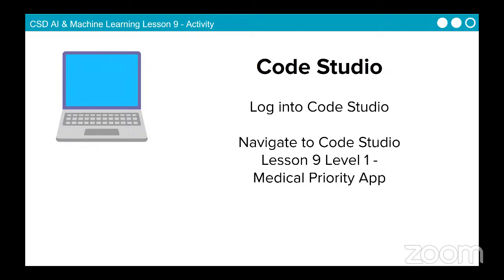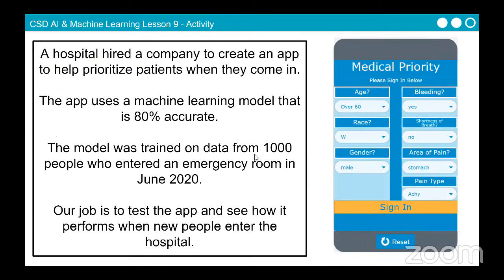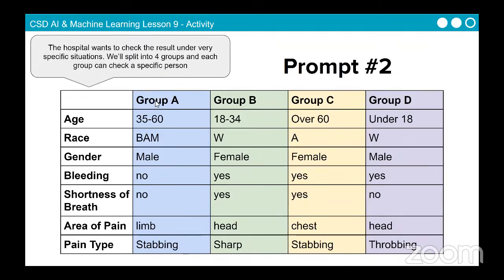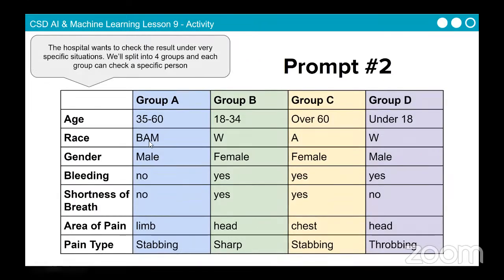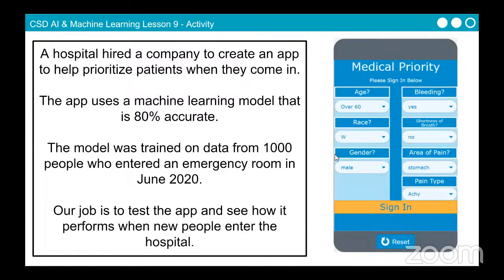Deji, when we go onto the chat and see what you've posted, what do we do with it? What I posted for you is this. You have group A, and you have different groups. For the age 35 to 60, for instance, this is the app. You put the 35 to 60 there in the app. Then you have the race, the race is BAM, so you change the race to BAM.